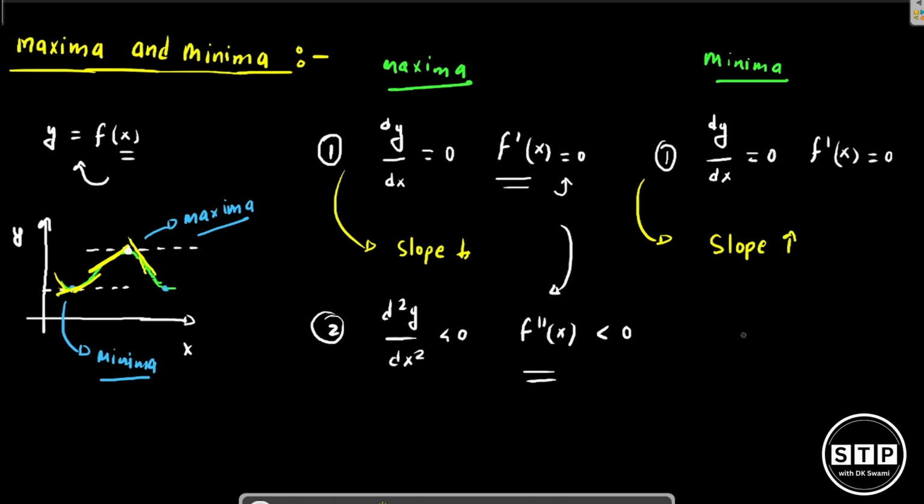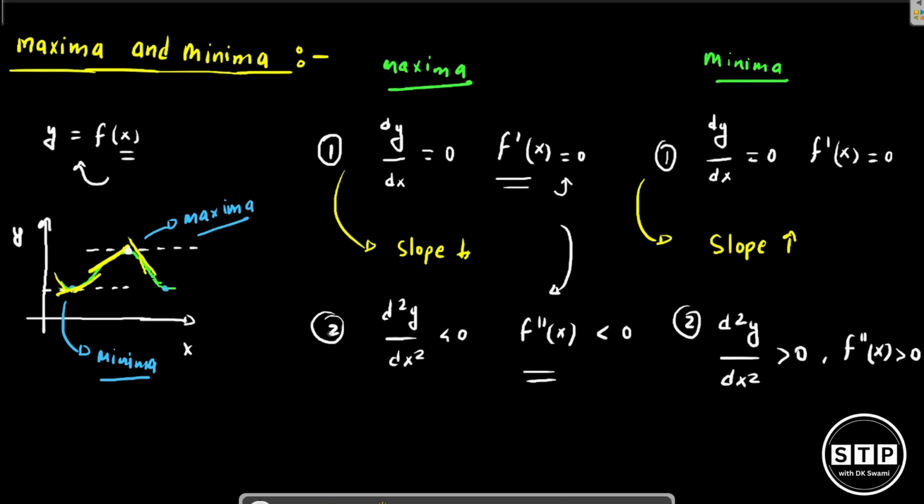So the rate of change of slope should be positive. That's why d square y by dx square should be greater than 0, or f double dash x should be greater than 0. So this is the condition for the maxima and minima.